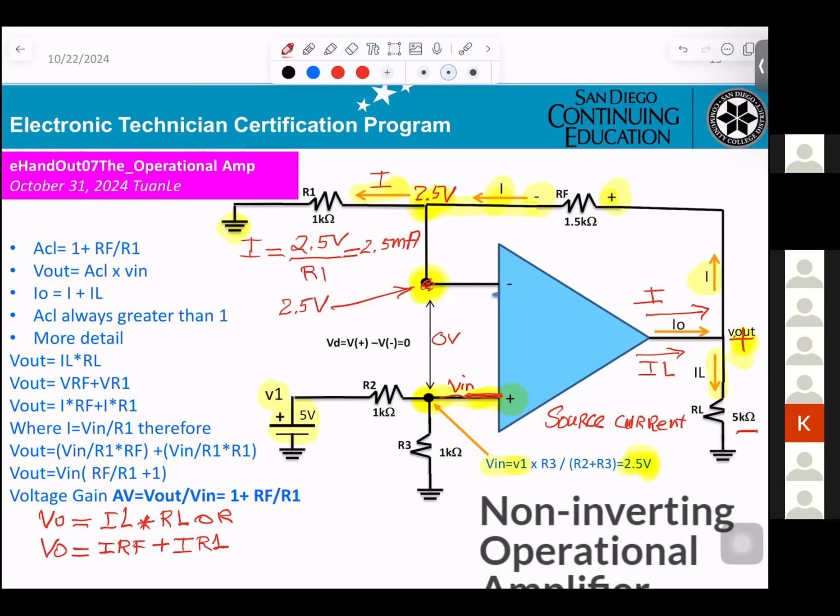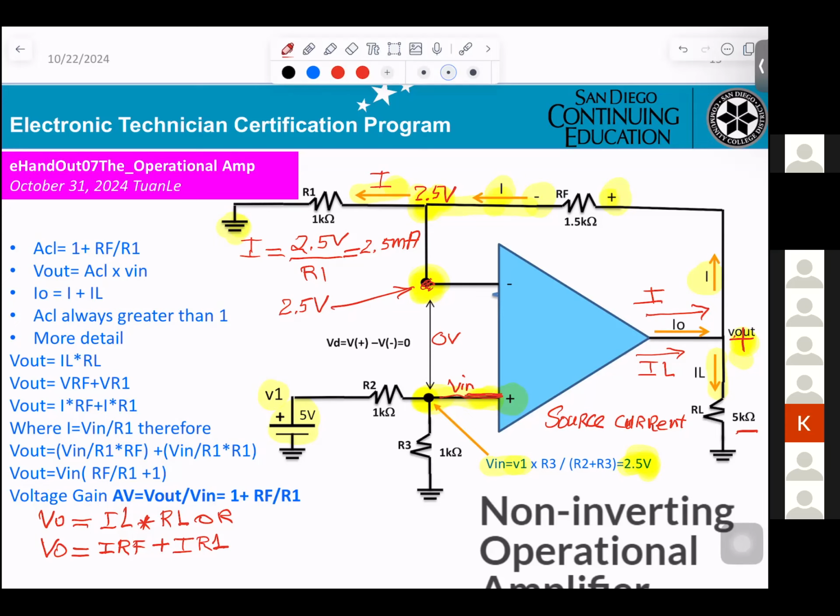Okay. So now, if you want to calculate the gain, you take the ratio between V out and V in.